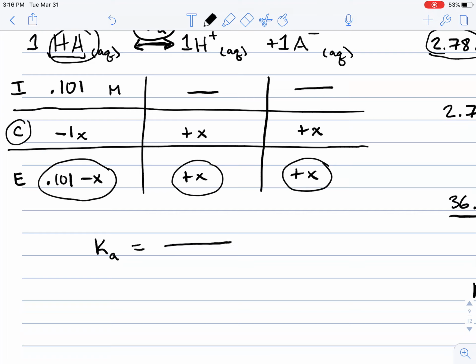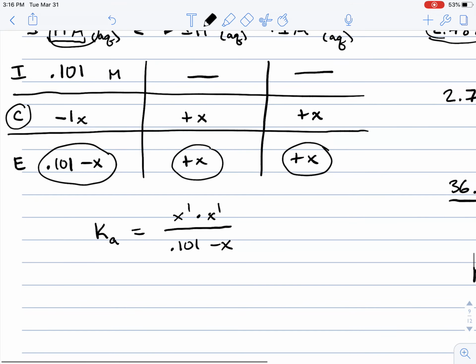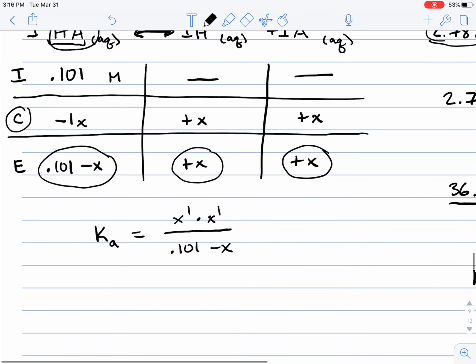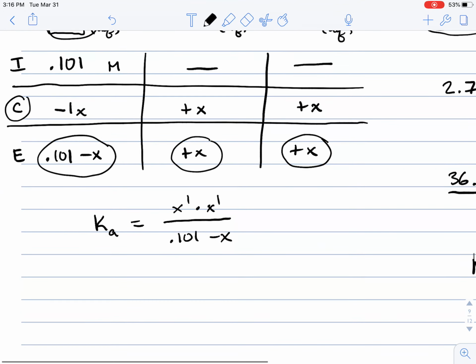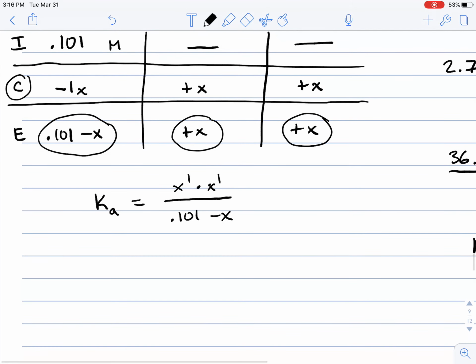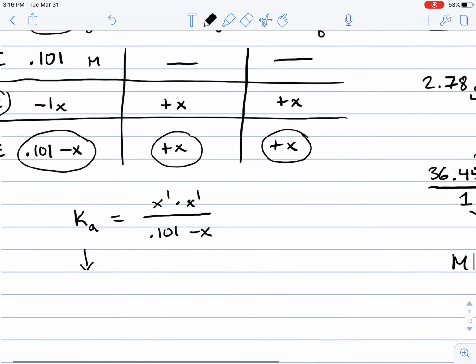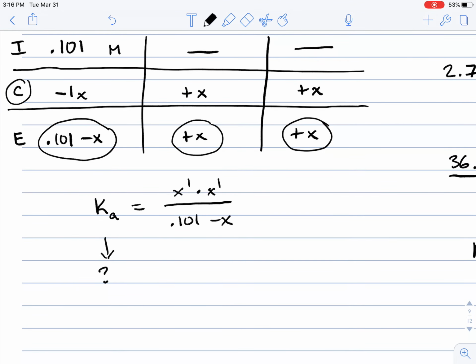So the mass action expression that we're going to get is x to the first times this by x to the first, divide this by 0.101 minus x. And so the reason why I'm skipping steps is that I've done enough of these to hopefully show you how I got to this point without showing every single step. And so Ka is, actually, we don't know what the value of Ka is.